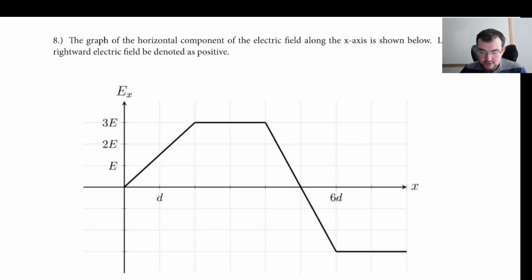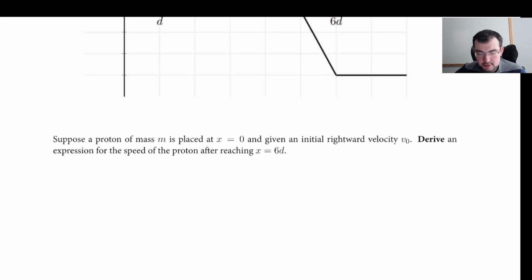So here is just the horizontal field strength along the x-axis, and we are interested in placing a proton at x equals 0 and launching it with a speed v0 to the right. And we want the speed of the proton upon reaching x equals 6d.